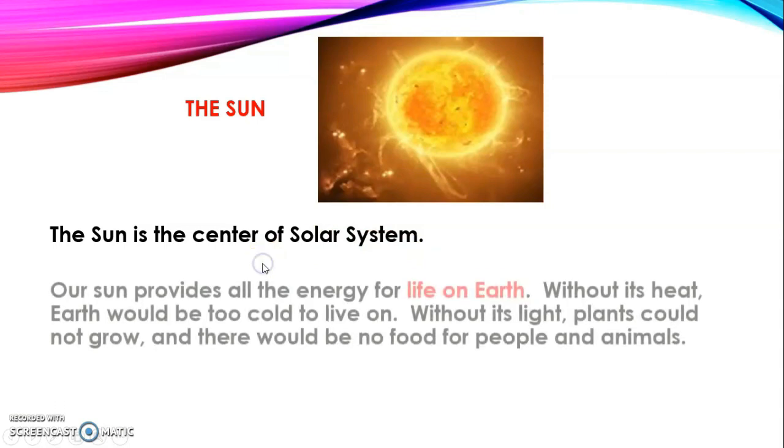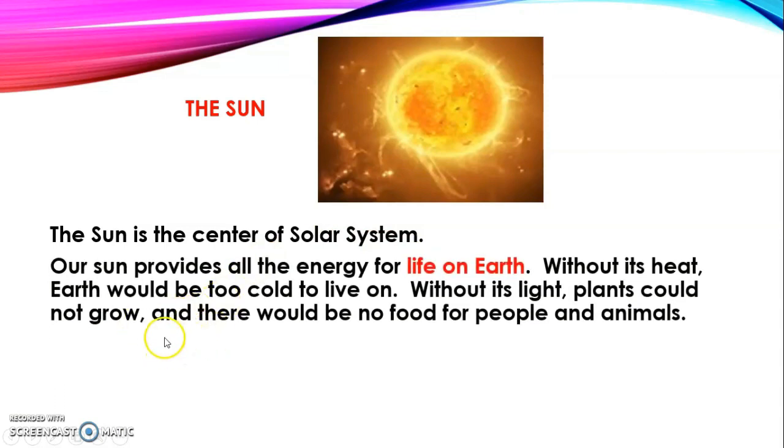Very good. Okay, we will read it together. Our sun provides all the energy for life on earth. Without its heat, earth would be too cold to live on. Without its light, plants could not grow, and there would be no food for people and animals.